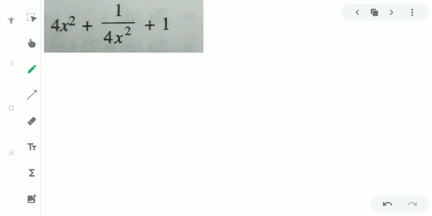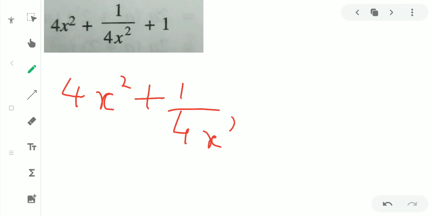So this is in the form of fraction. I am writing it, 4x square plus 1 by 4x square plus 2 minus 1.